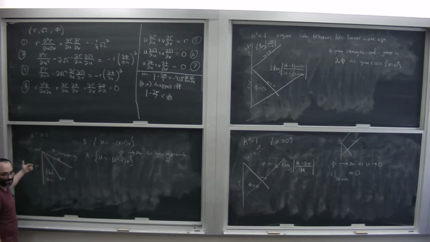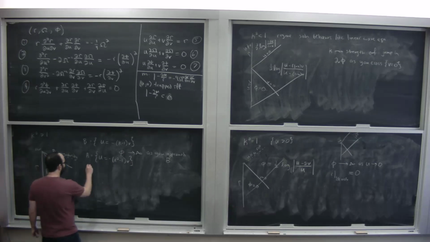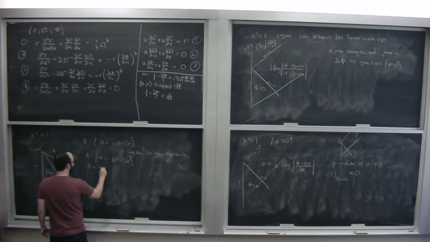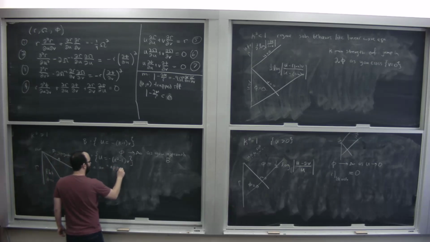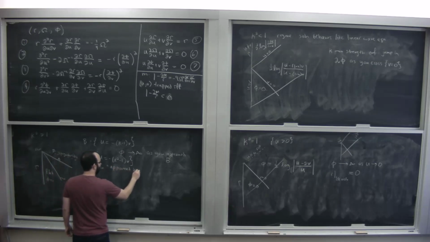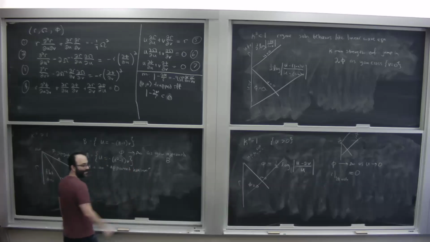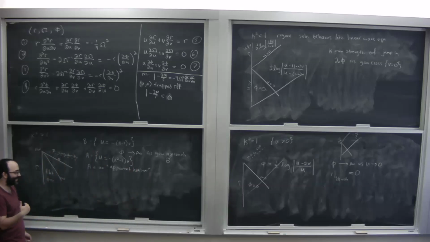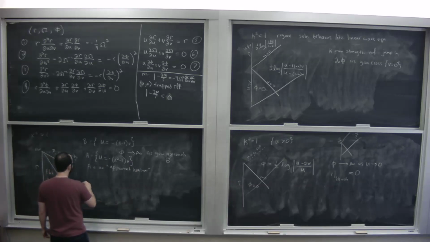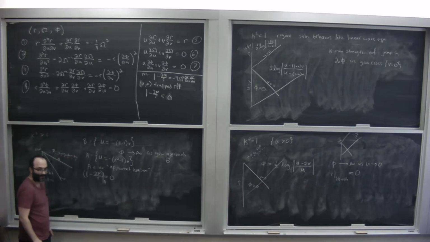Because k is bigger than 1, if you work it out, this occurs before B. And A is a so-called apparent horizon. This is when the spheres are exactly transitioning from being not trapped to trapped. So on A, you have that 1 minus 2m over r equals 0, exactly.